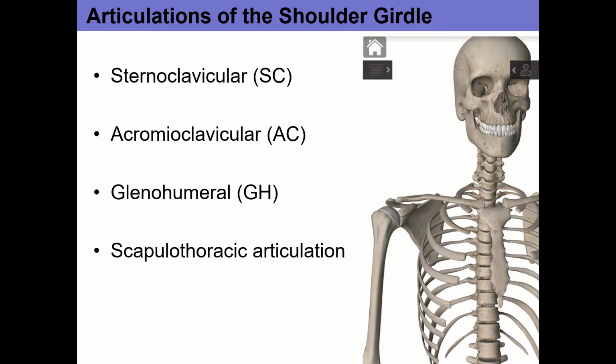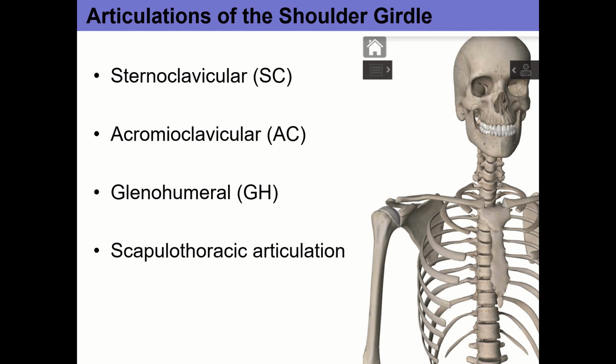So we're going to pick up this time talking about the articulations of the shoulder girdle. Articulations and joints are pretty much the same thing. They are essentially synonymous, and I'll use them that way, with the exception of the bottom one on there that you see, the scapulothoracic articulation. When we talk about joints in an anatomical sense, we've got a place where at least two bones interact with each other to produce movement most of the time.